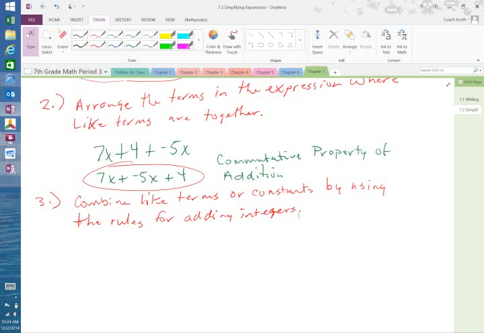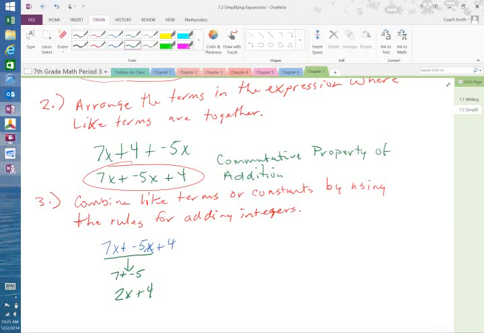So I take my problem, 7x plus negative 5x plus 4. And I can put 7x plus negative 5x together. All you really have is 7 plus negative 5. What is 7 plus negative 5? True. 2. So 7 plus negative 5 is 2, and then I put my x back with it. And that's 2x plus 4.